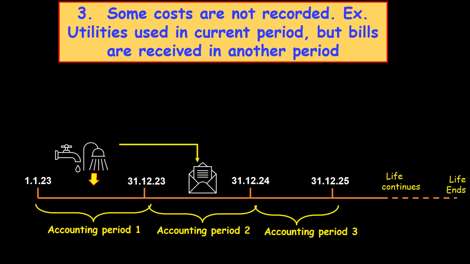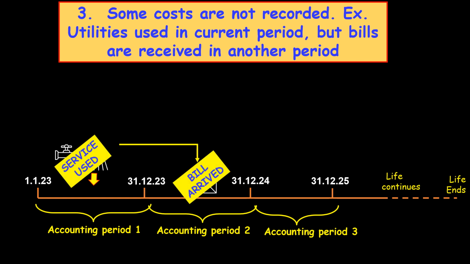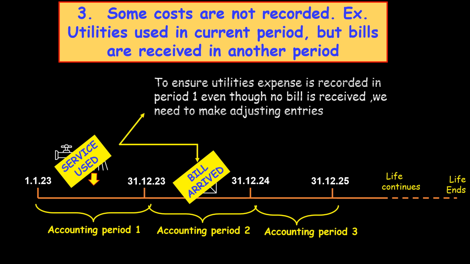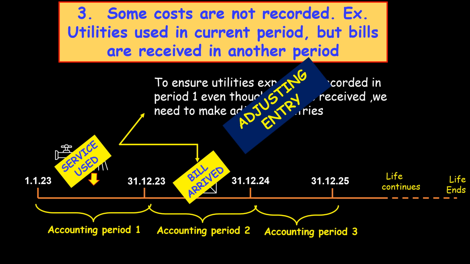However, the bill arrives in another accounting period. So the usage is done in one accounting period and the bill arrives in another accounting period. Now the accountant of this business will not wait until the bill arrives to record the usage of the utilities. Rather, the accountant at the end of the period, which is January, must record and update the accounting record to ensure that utility expense is recorded in period number 1, even though no bill is received. And this again is done through an adjusting entry.